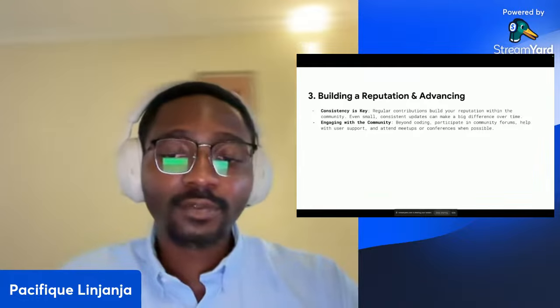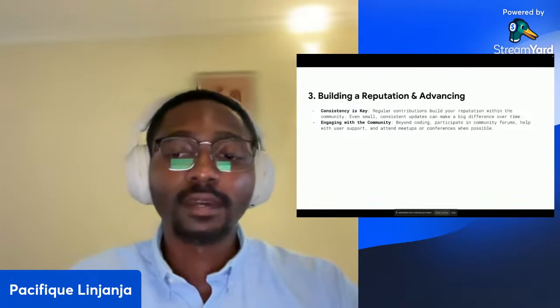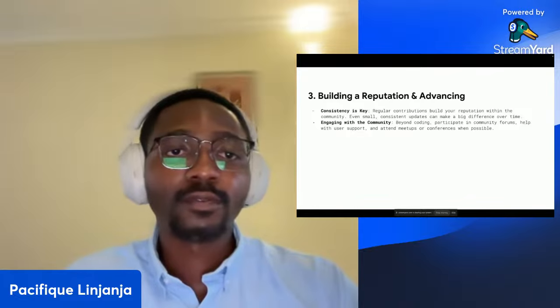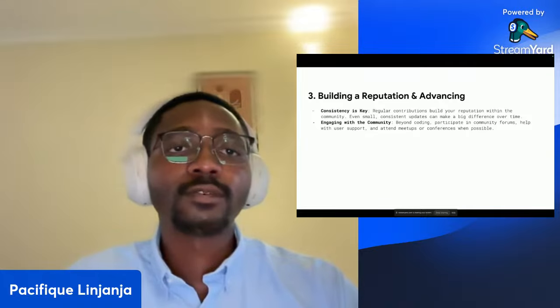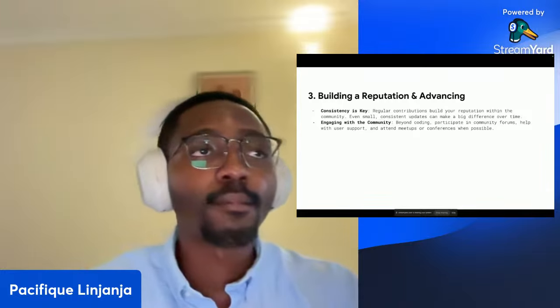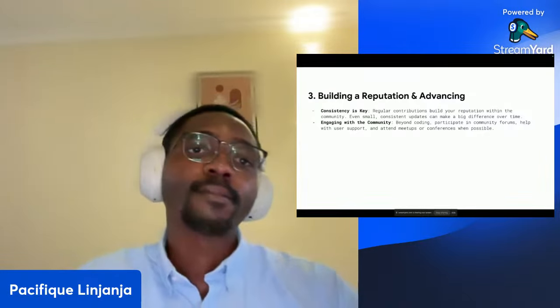And if you decide to stay, if you decide to be consistent in whatever project you decide to commit to, you have a lot of chances of getting noticed and getting more reputation in the open source community.